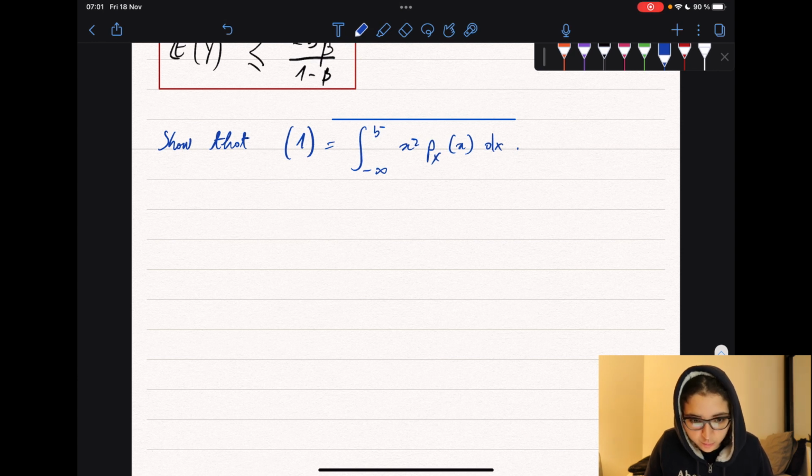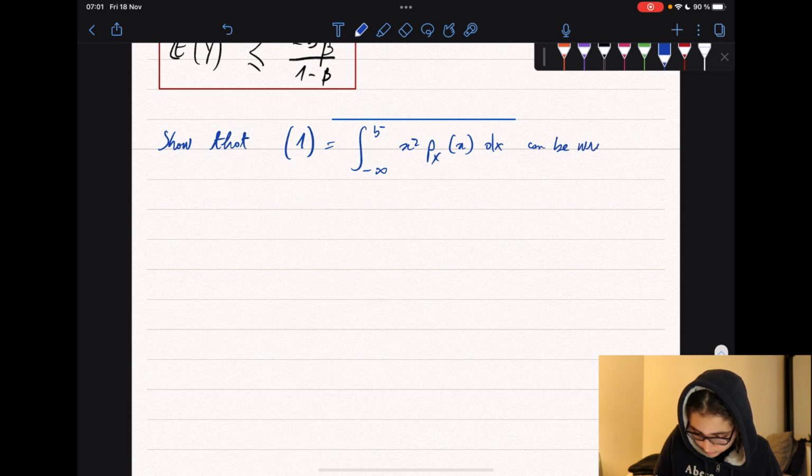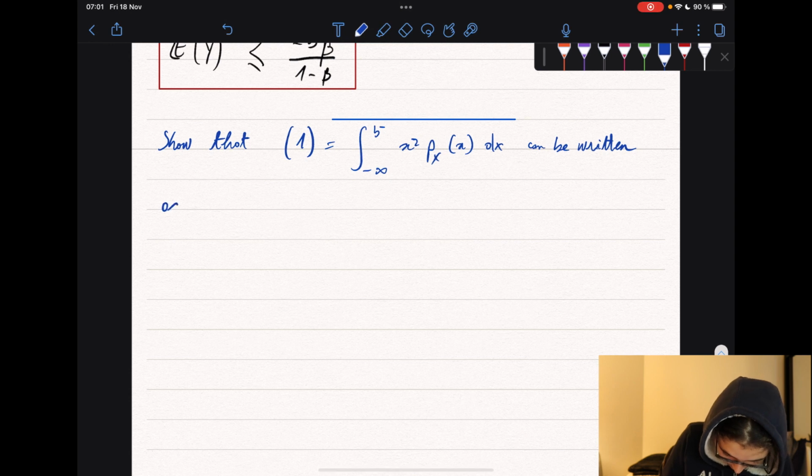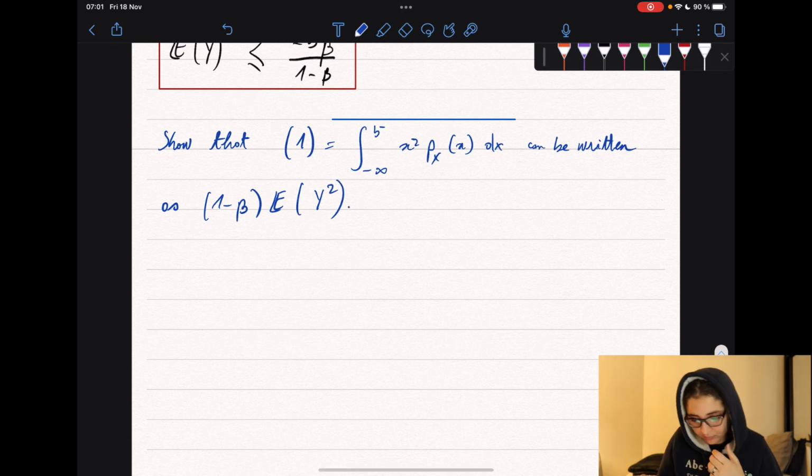We're just going to show that 1 can be rewritten as 1 minus beta times the expectation of y squared.